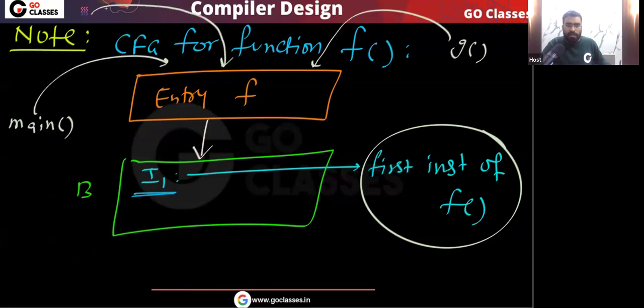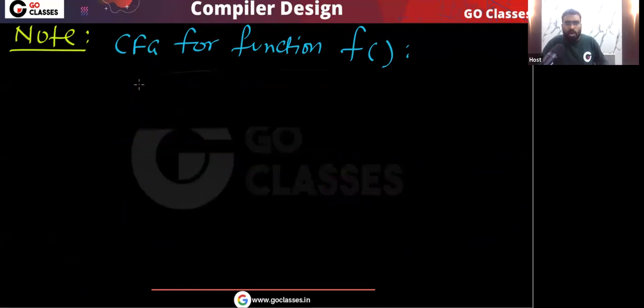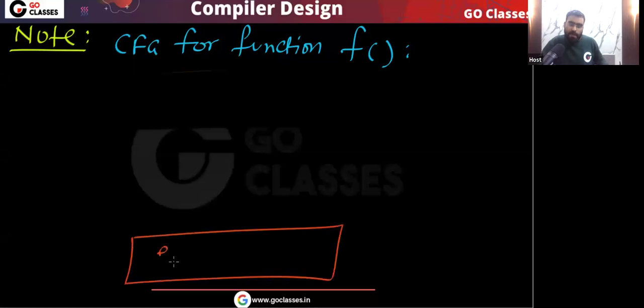Now tell me, how many edges can be there at the exit node? Let's assume this is the exit node of f. Can I say only one edge can be there? No, there can be multiple.